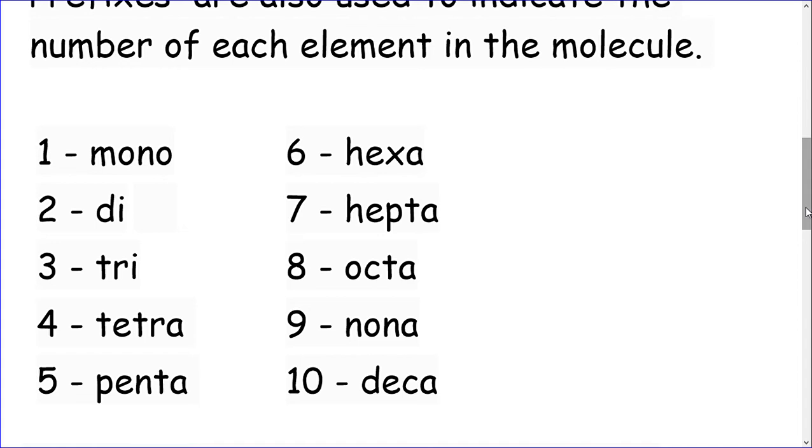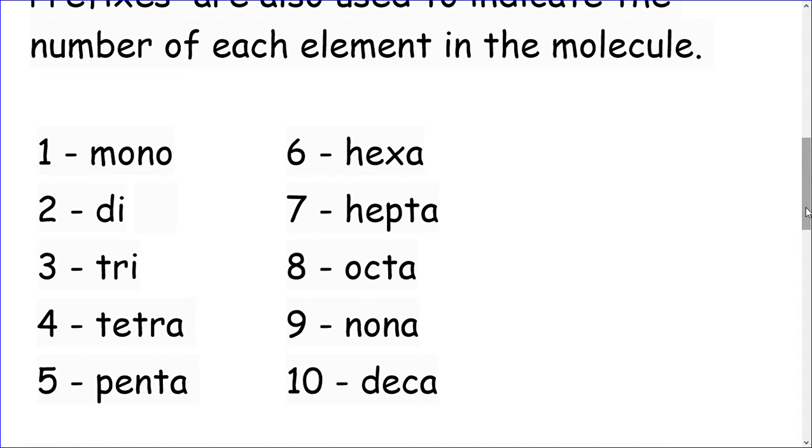So 1 stands for mono, 2 is di, 3 is tri, 4 is tetra. Once we get past those first 4, and even 3 is pretty common, the other ones start to take on different shapes that you should be familiar with, like pentagram, hexagram, heptagram, octagram, or pentagon, hexagon, heptagon, octagon, nonagon.